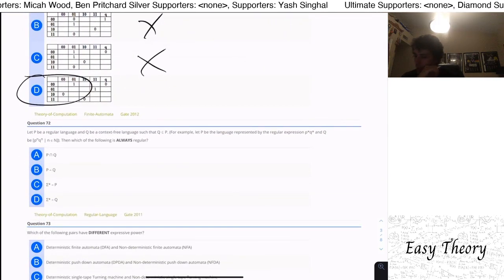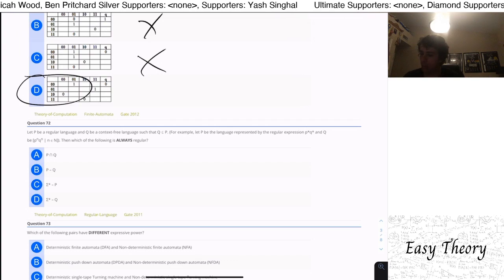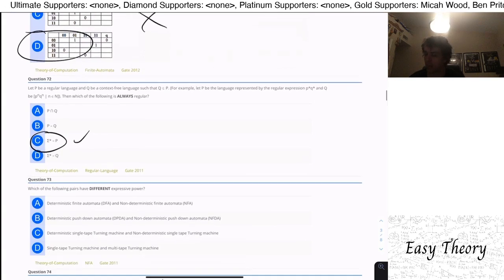Okay. Let P be a regular language and Q be a context-free language, such that Q is a subset of P. Which of the following is always regular? Sigma star minus P, so that's always regular. Let's just be sure of that. Yep. We can't involve Q in any way.